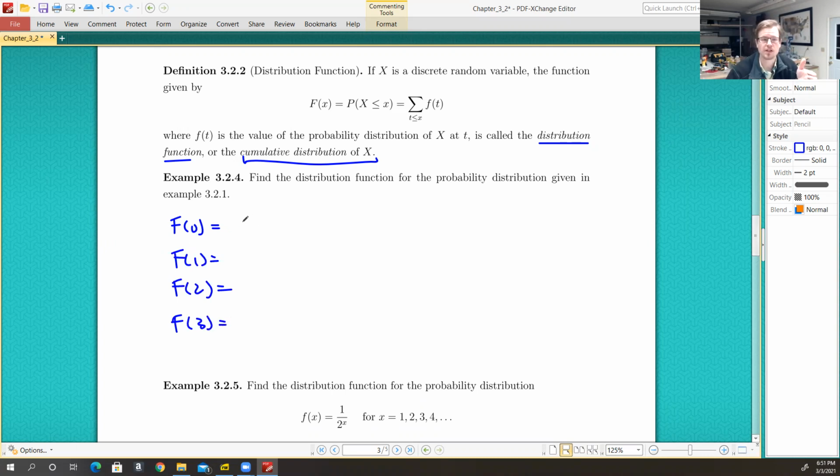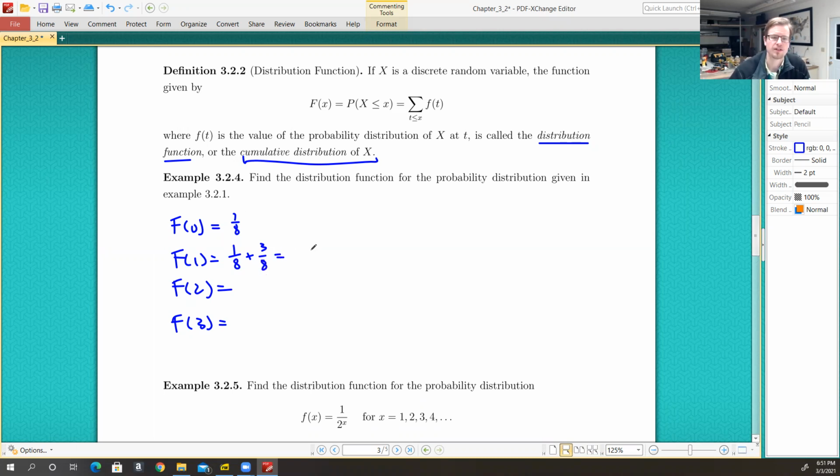So 0 is the lowest value that we can take on. So the sum of all the probabilities from 0 and below would just be the 1/8, the probability of having 0 girls. F of 1 would be the probability of having 0 or 1 girls.